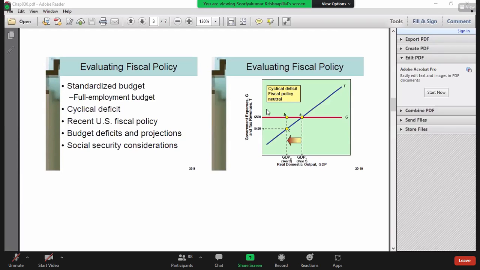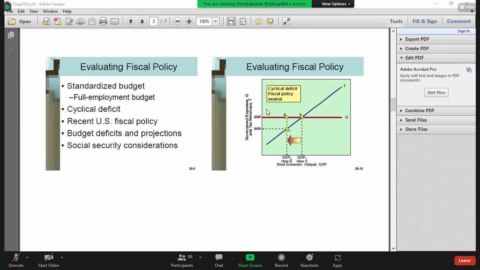If the tax revenue is 500 when the real GDP increases next year, then government expenditure and government tax revenue are the same.